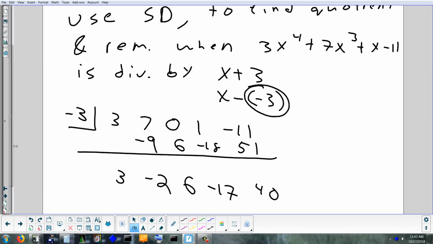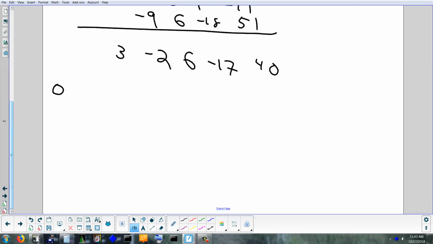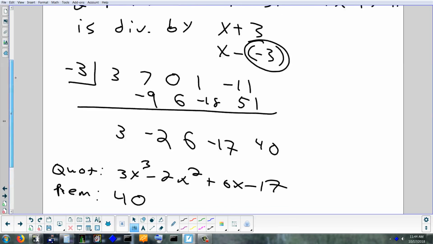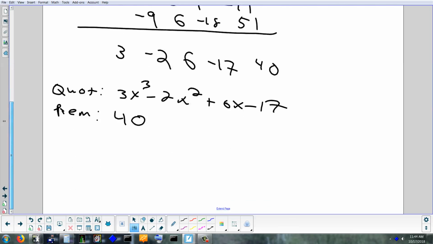That's your quotient, so quotient 3x cubed and remainder 40. So much faster than long division, takes up much less space. But you can only use it if it's x minus a number.